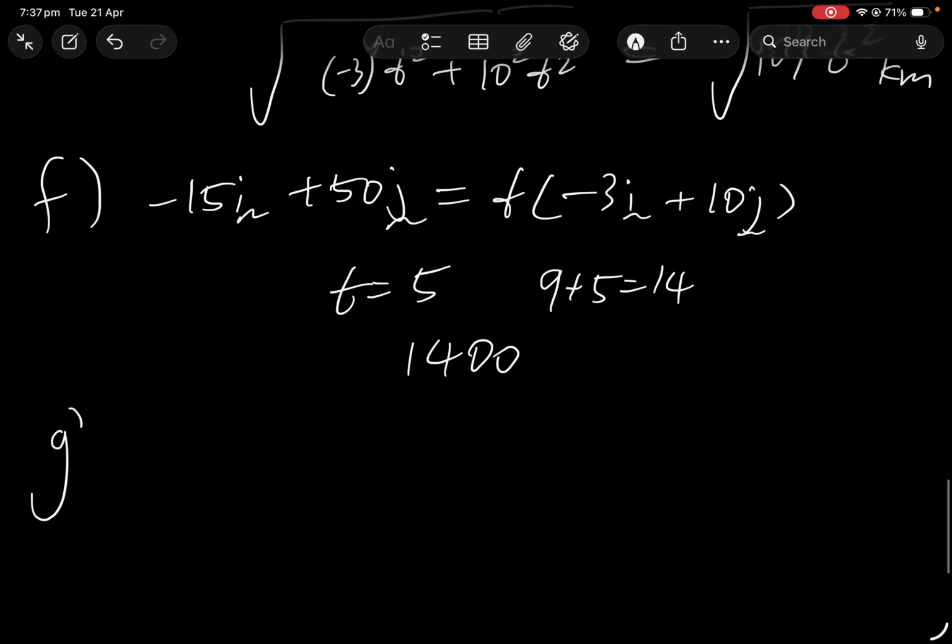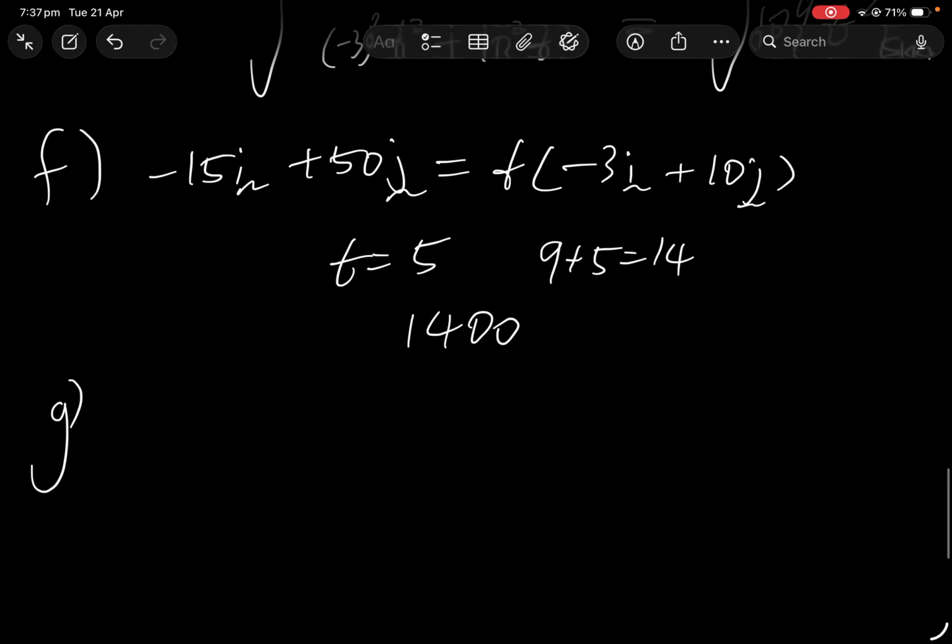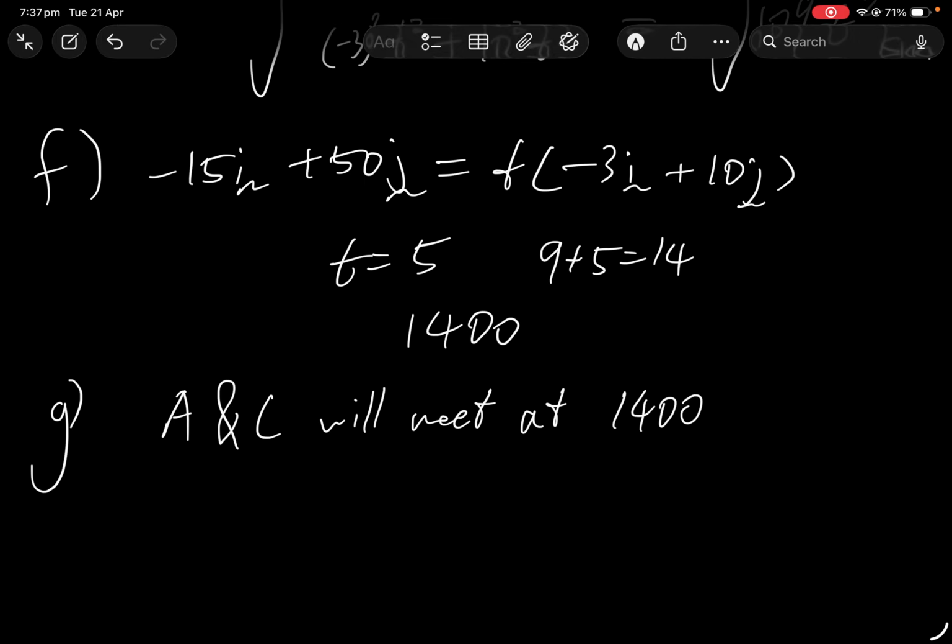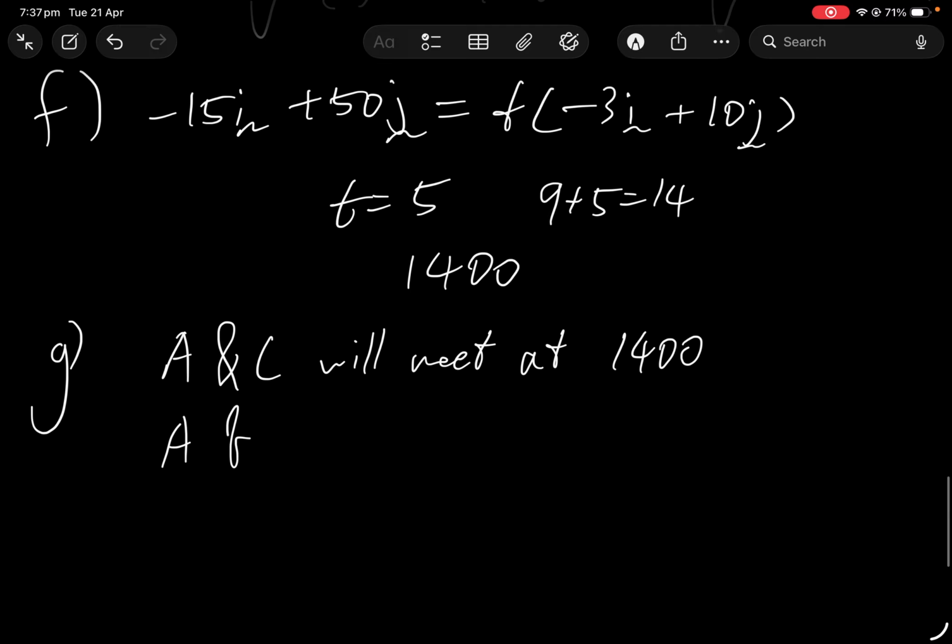So for G, it asks us to prove that all three boats will arrive at the same spot at the same time. So we can use numbers to prove this, but it's pretty logical. We just have to say that A and C will meet at 2 in the afternoon. A and B will meet at 2 in the afternoon.